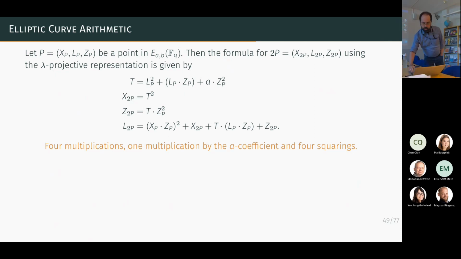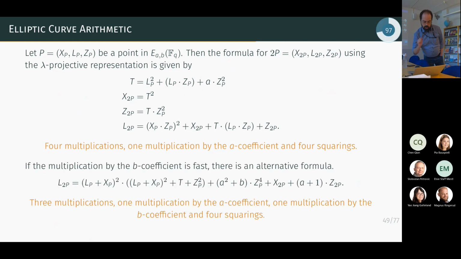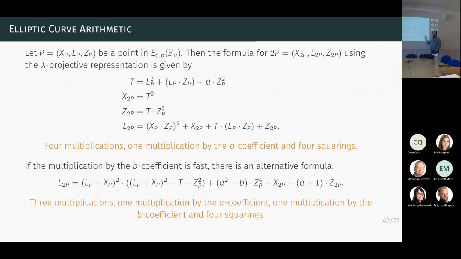We also figured out back then in 2013 that there were 2 different ways of computing the L, the lambda, in projective coordinates. For the point doubling, there is a different formula that looks scarier, but it's actually faster. If you replace this one with this one, it goes down to just 3 multiplications, because we're trading off 1 full multiplication in the field for multiplications by the curve coefficients, which are chosen to be small.